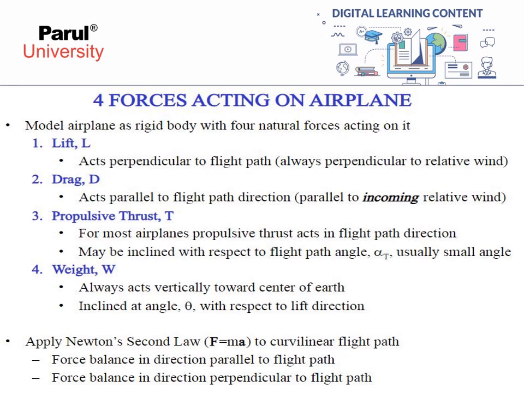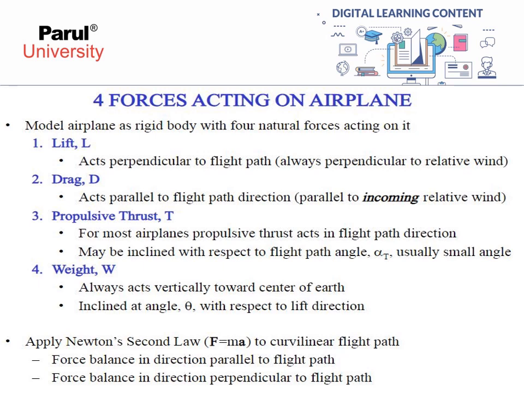The four forces acting on the airplane: a model airplane is a rigid body with four natural forces acting on it: lift, drag, thrust, and weight. Lift acts perpendicular to the flight path, always perpendicular to the relative wind, and drag acts parallel to the flight path direction, parallel to the incoming relative wind.